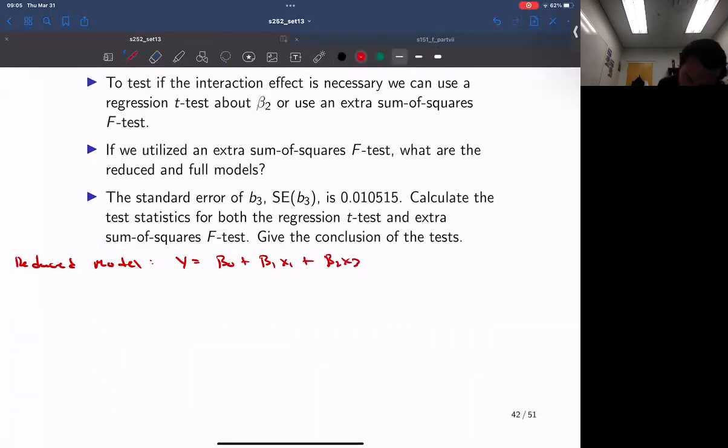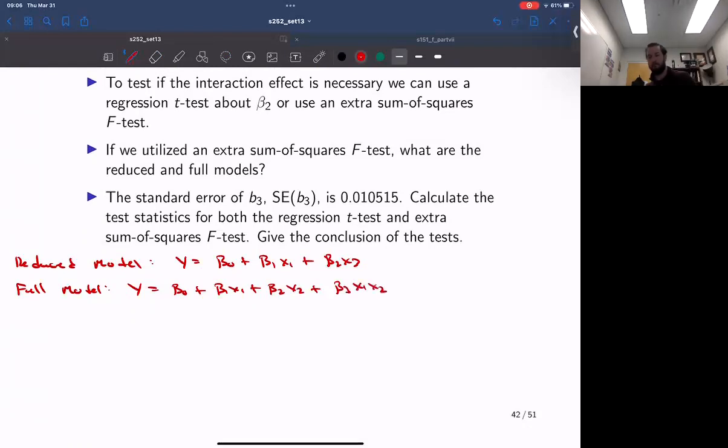And then we have a full model, y equals beta 0 plus beta 1 x1 plus beta 2 x2 plus beta 3 x1 x2.